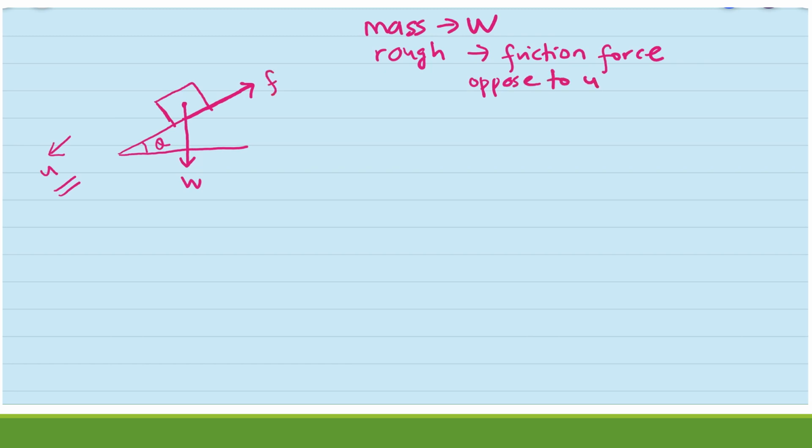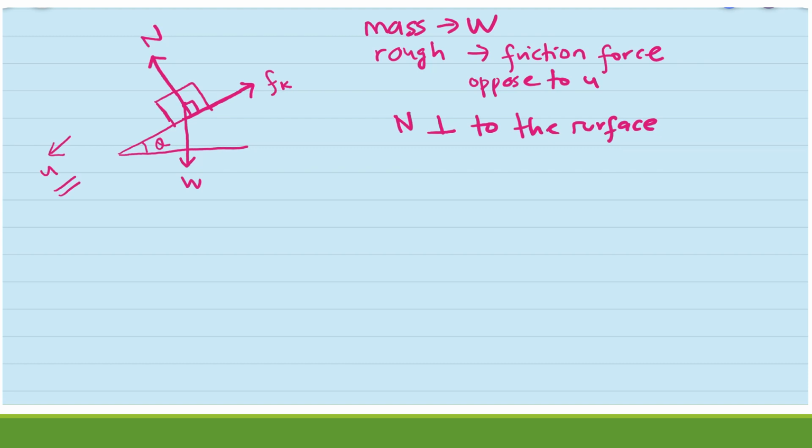So label the force. And the third one is normal force. Normal force starts from the surface, pointing upward, and you draw the arrow and label. The angle between normal force and the surface is 90 degrees.